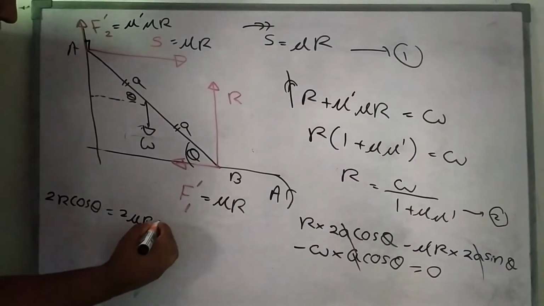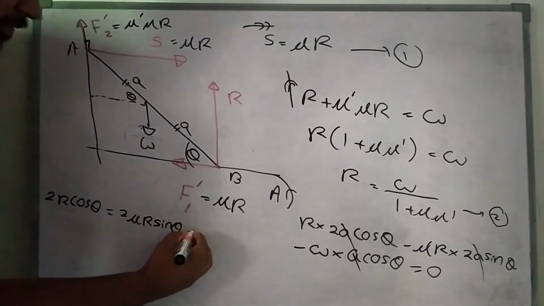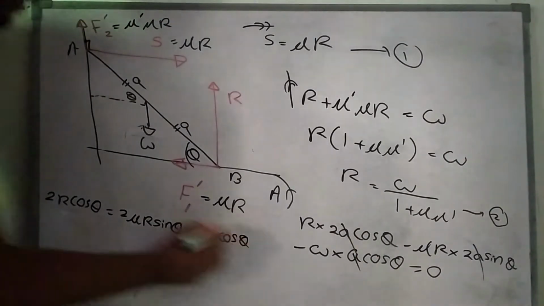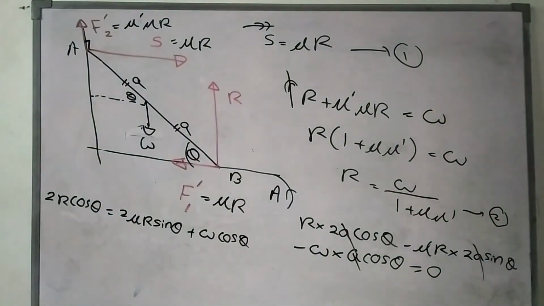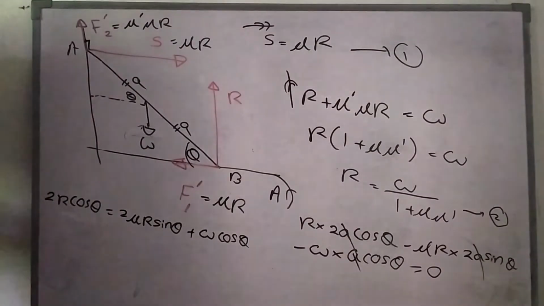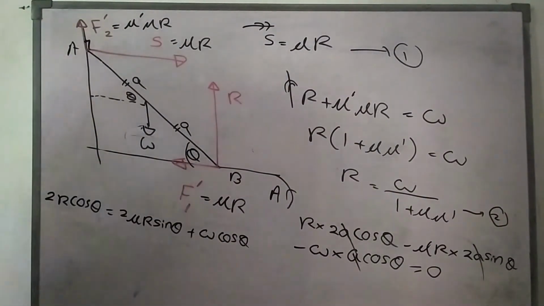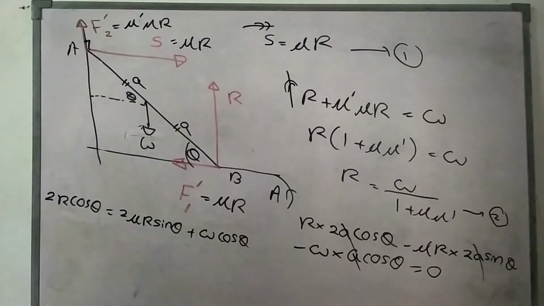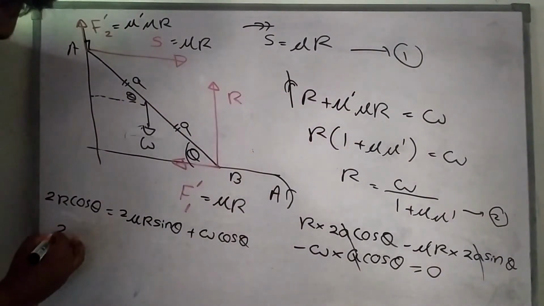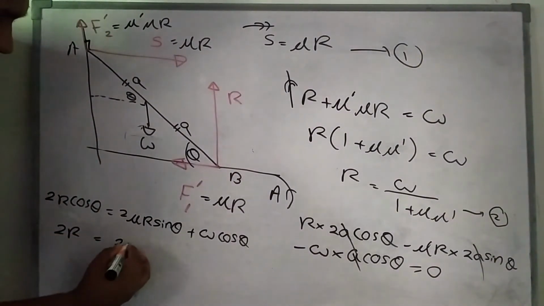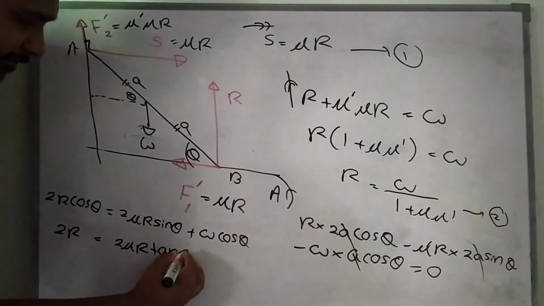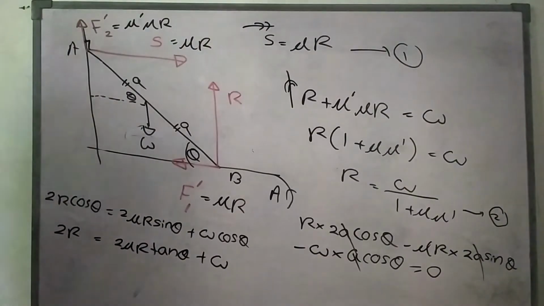So we need to calculate tan theta now. I'm going to divide by cos theta. Then W can be written as 2R minus 2 mu R tan theta. W can be written as R times 1 plus mu dash.